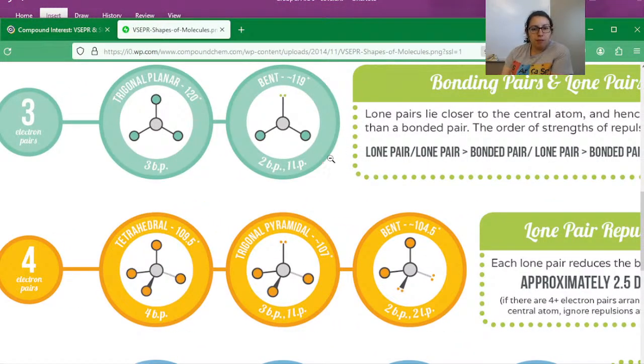And so we have your 3 electron pair. So this would be like for SO2, where we said it had 2 things and then 1 lone pair. So still bent. Sometimes people call this V-shaped bent. This one just calls it bent, but you might see different names. Again, for our class, we can just call it bent.